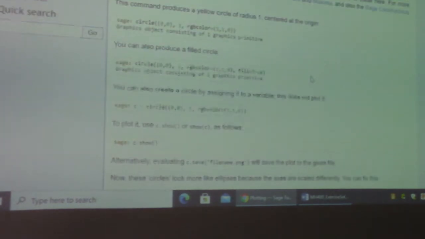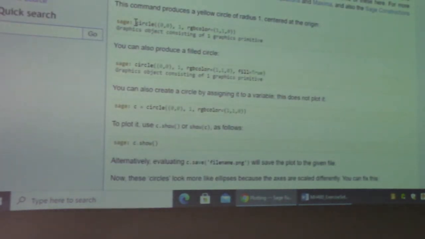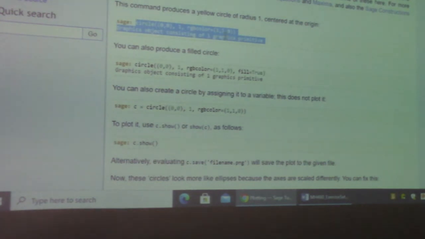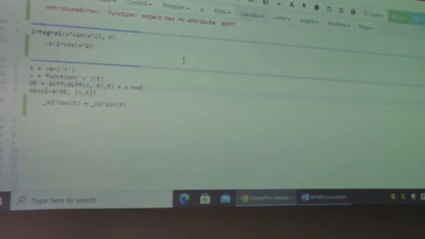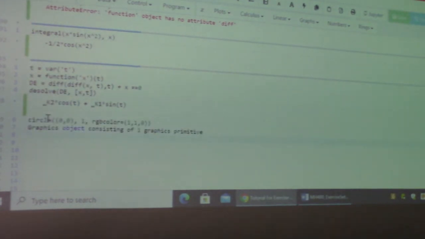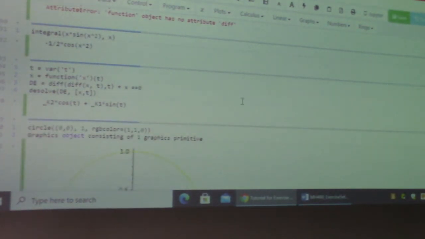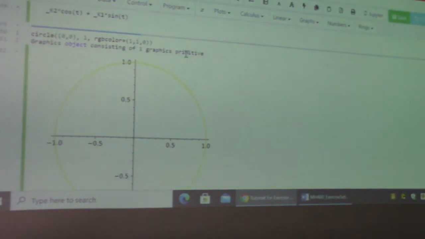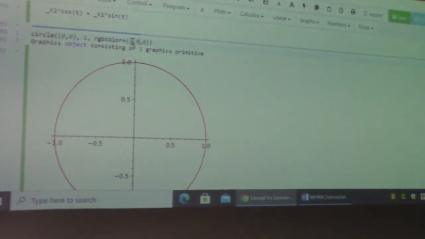Let's see here. So you can do things like make circles. Cool. So you guys know about RGB colors? Red, green, blue. It's like a triple, and you choose different triples for different colors. I think if you do 1, 0, 0, it should be red. And if I'm right, if I do 0, 1, 0, that should be totally green.